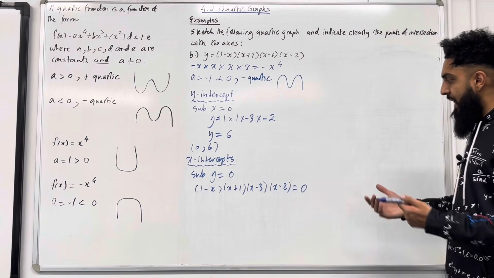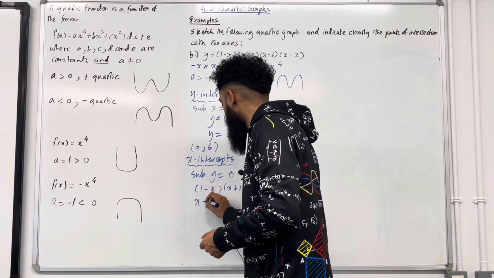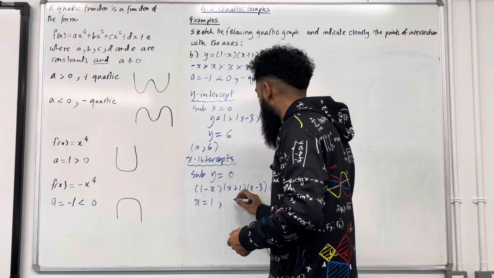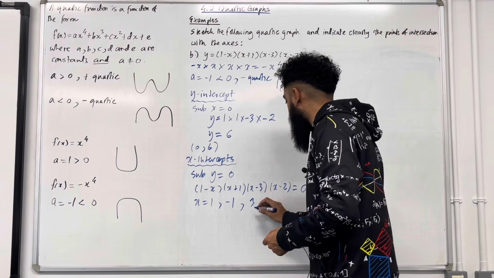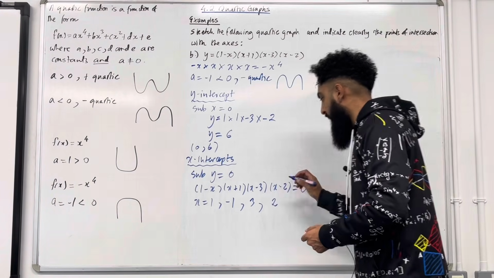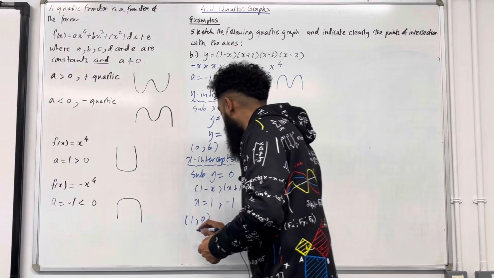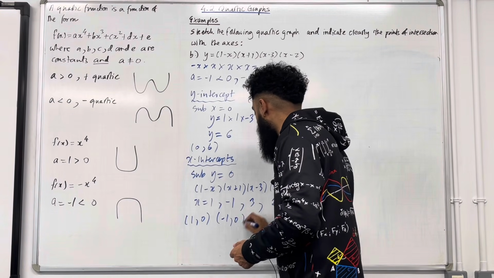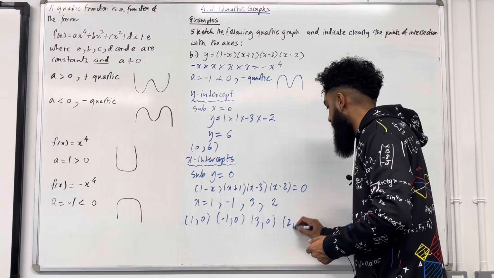The roots, or you could say solutions, of this particular equation are x equal 1, x equal minus 1, x equal 3, and x equal 2. So my x-intercepts are 1, 0, minus 1, 0, 3, 0, and 2, 0.